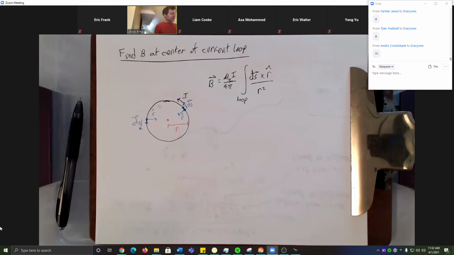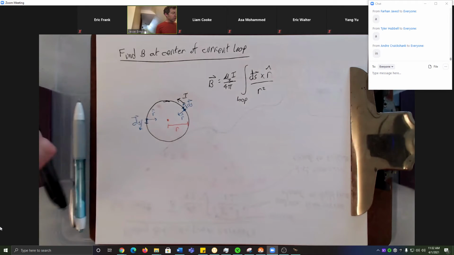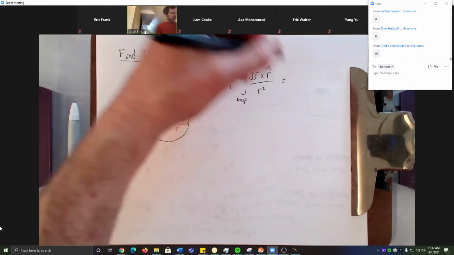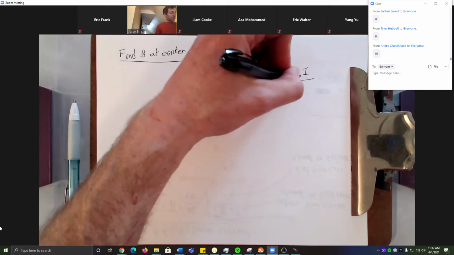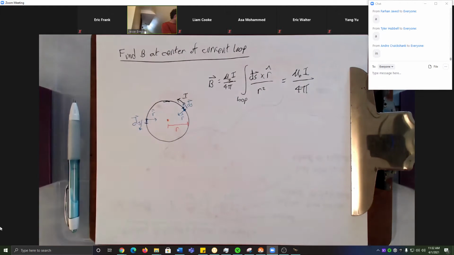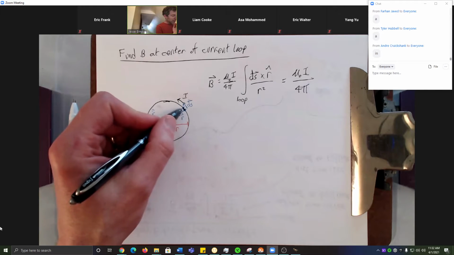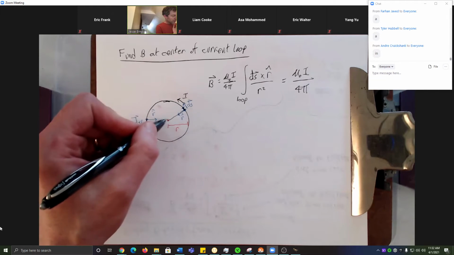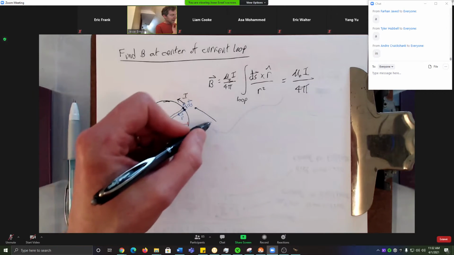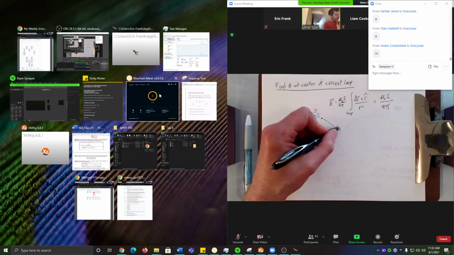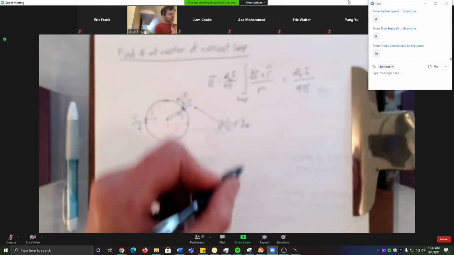All right. So this integral is going to be equal to, and this will be an easy integral to do, mu naught I over 4 pi. Well, let's look at this. This thing covers an angle of d theta, right? The magnitude of ds vector is equal to r times d theta.